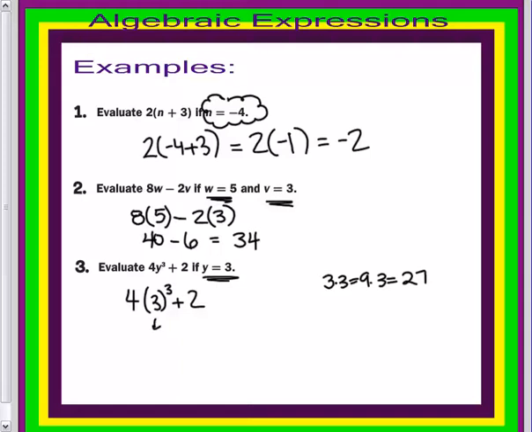So this right here would be 27 times 4 plus 2. Remember, in this unit, you can use your calculator, so double check your work. 4 times 27 would give us 108, and 108 plus 2 would give us 110. So make sure you always double check your work.